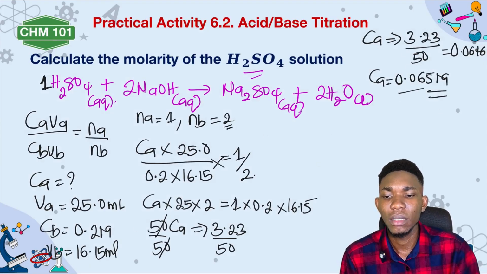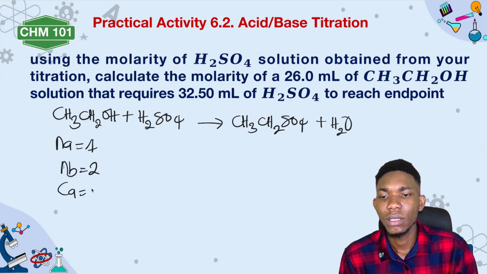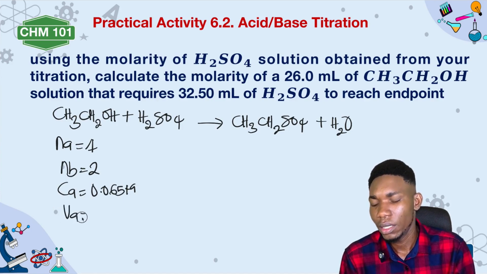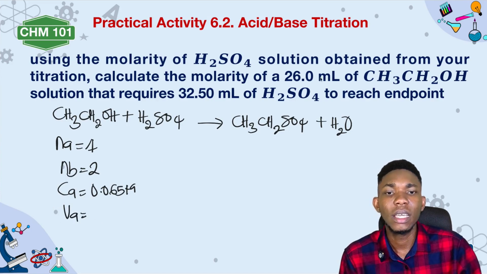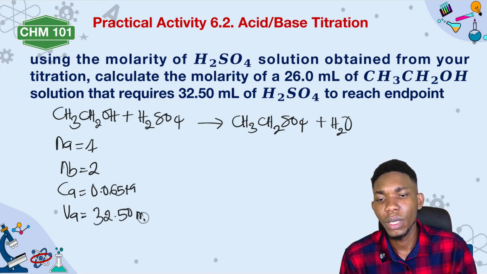Whatever you get here becomes your Ca. Then Va, the volume of acid, is 32.50 ml.